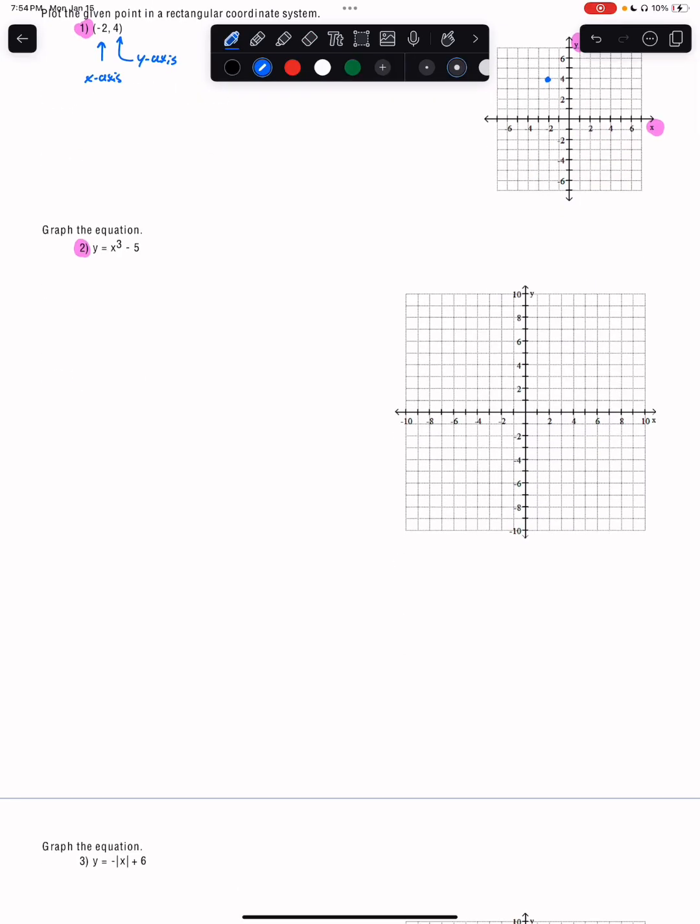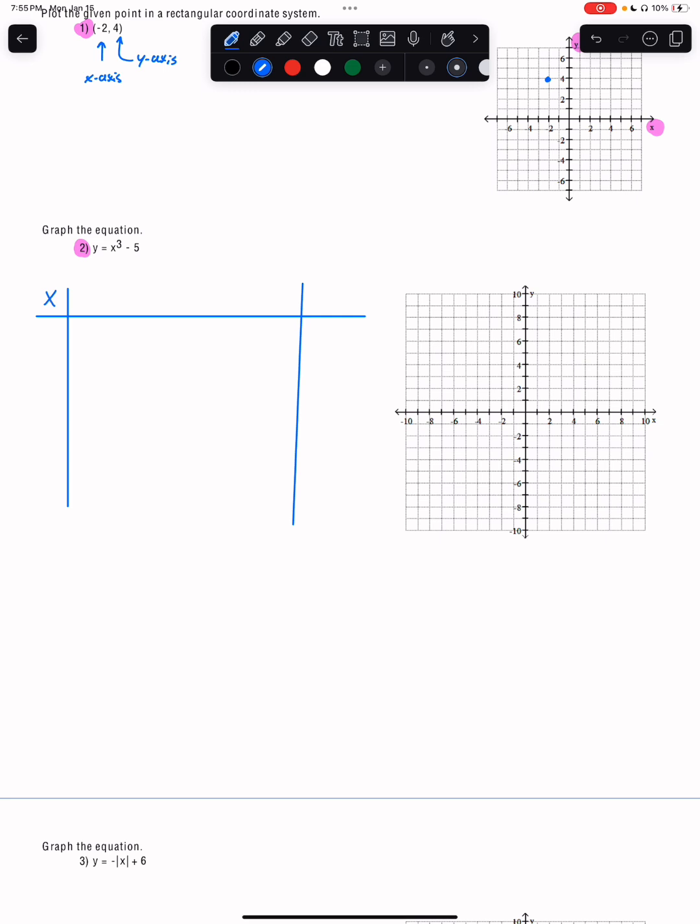That's how you would plot any basic point like that. So now for question 2, it says graph the equation. It doesn't require any method, it leaves it open to us. So moments like this, it's going to be easiest to just graph some points. We're going to make a table like this that keeps us nice and organized, which will be helpful when you turn in your work and get graded on it.